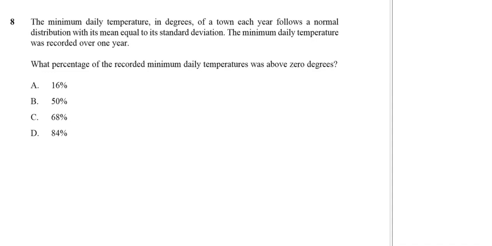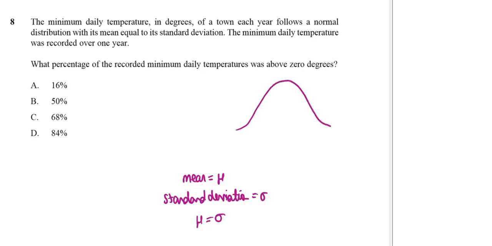Okay, so in this question, we know the mean, which is mu, and we know the standard deviation, which is sigma. In this particular case, mu equals sigma. We know we have a normal distribution, so it's centred on the mean.